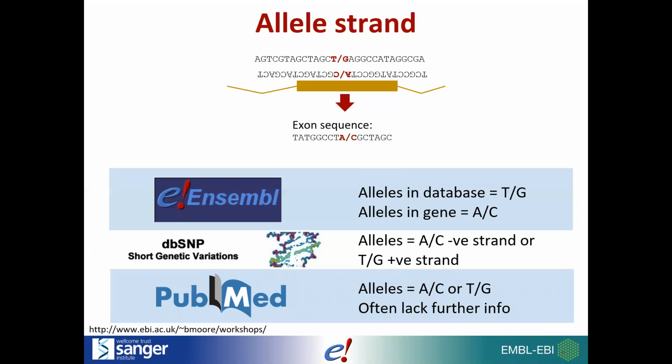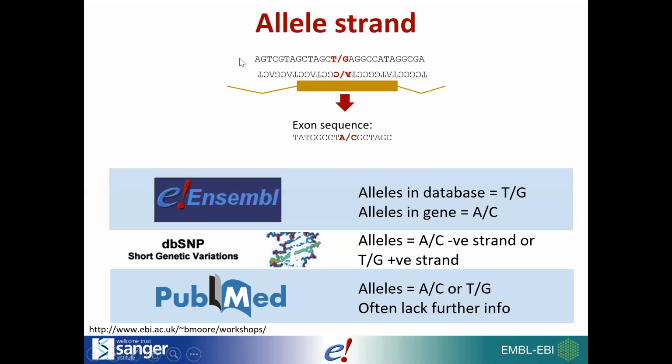In PubMed, depending on where the data comes from, you might see an A to C variant or a T to G variant without necessarily specifying which strand they are referring to and whether they are looking at the gene or not.